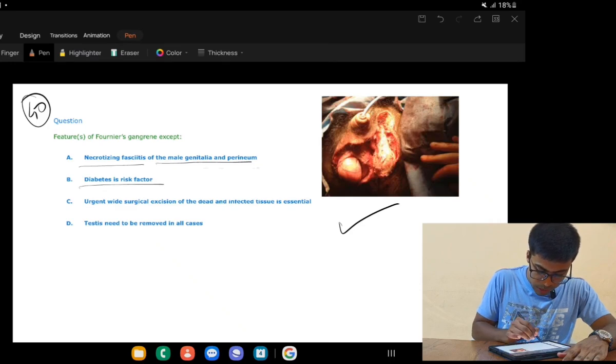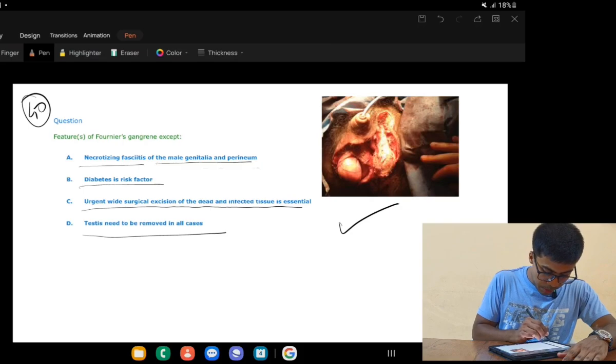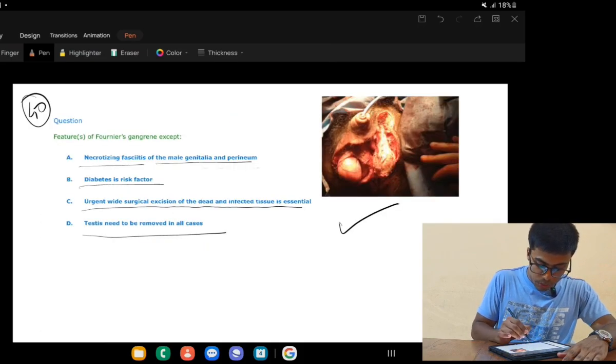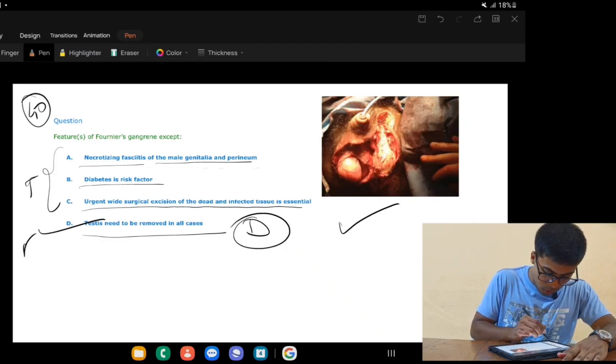Diabetes is a risk, possibly. Urgent wide surgical excision of the dead and infected tissue is essential. Testes need to be removed in all cases. So I think the answer should be D. Testes need to be removed in all cases, no, this is wrong. It's not necessary. So these are true, and this is false.